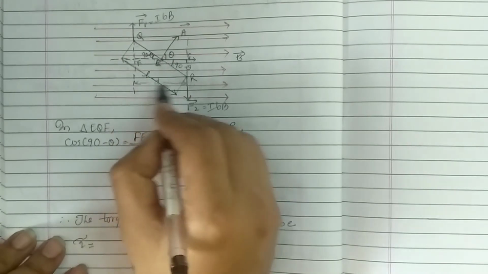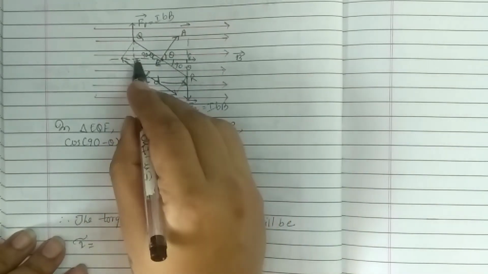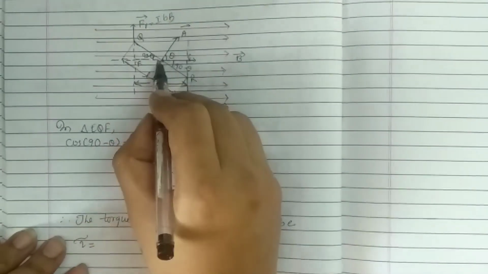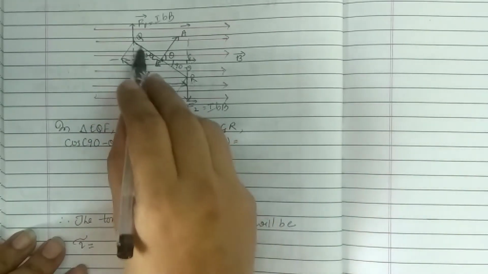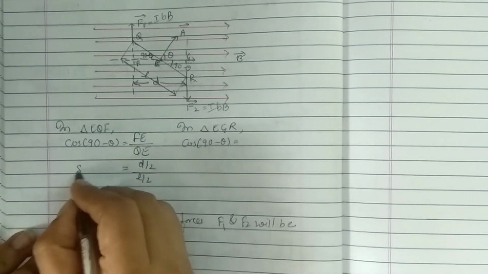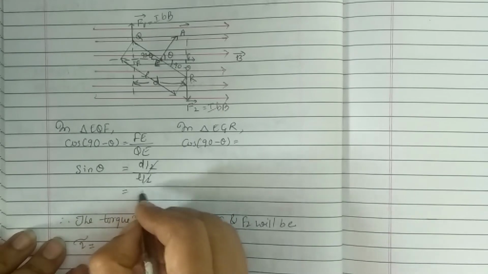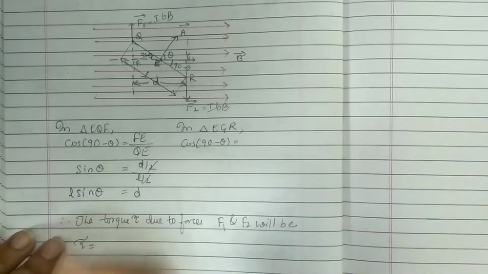It is the perpendicular distance between them, taken as D, so FE is D by 2. And QE is half of QR. QR is length L, so QE is L by 2. So cos of 90 minus theta is sin theta. The 2 gets cancelled, so you are left with the distance as L sin theta.